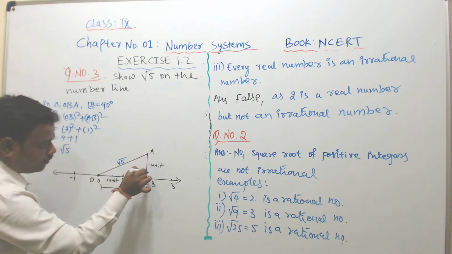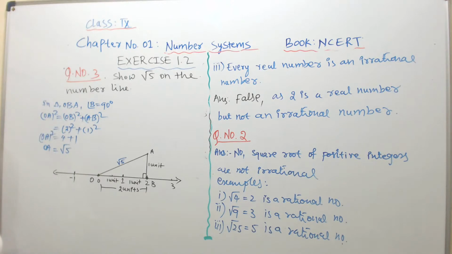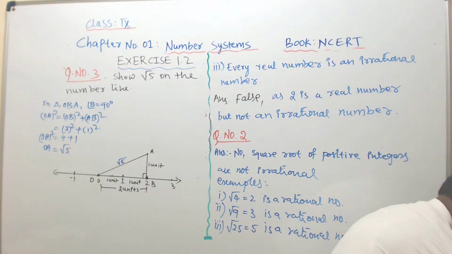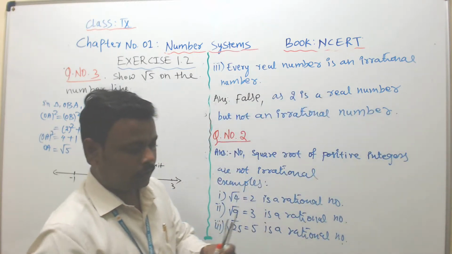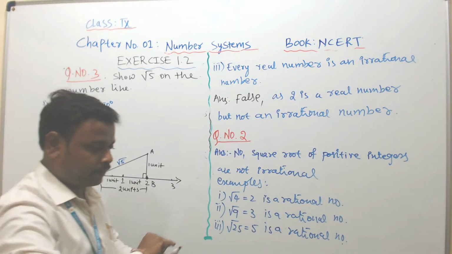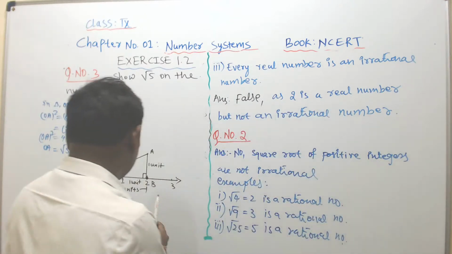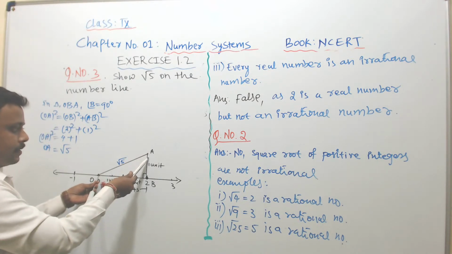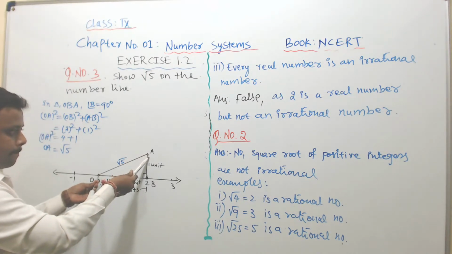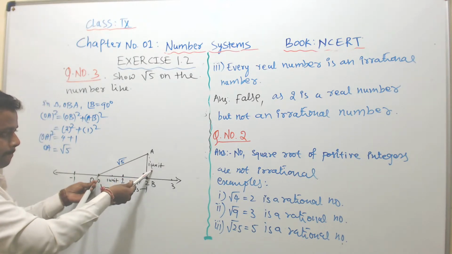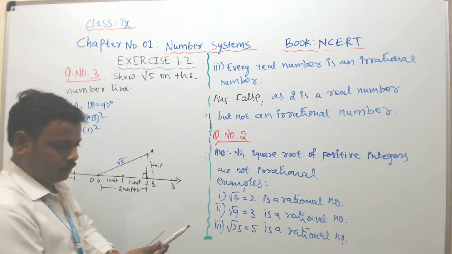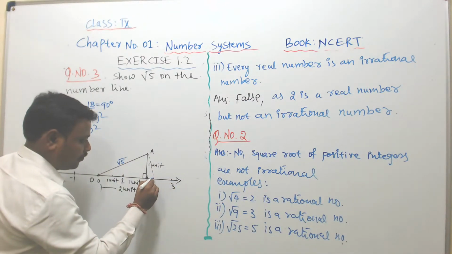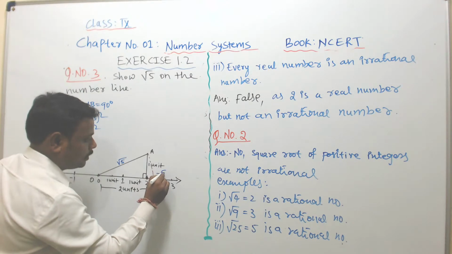This measure is there, no? So we have to show it on the number line. Using the help of a compass, we have to represent root 5 on the number line. This is root 5 on the number line.